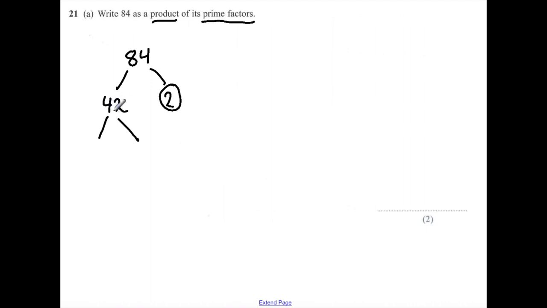Again, two numbers that you multiply together, that gives us 42. It's 21 and 2. 2 is a prime number. I'm going to circle that. 21 isn't a prime number, so it can be broken down further. Again, two numbers that you multiply together, that gives us 21: 7 and 3.